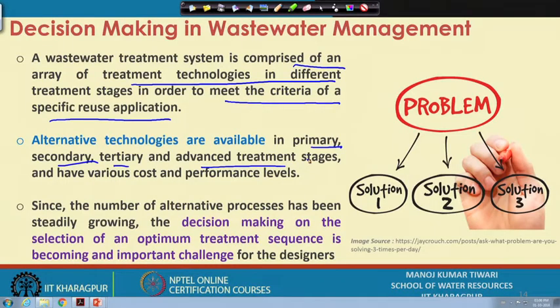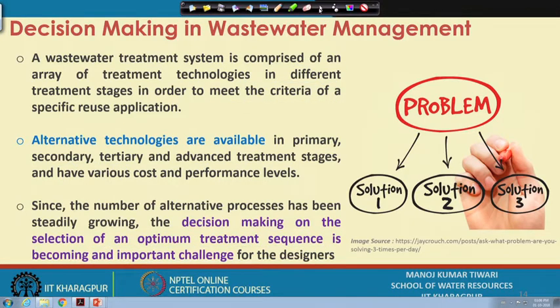So, since these different methods are potentially available, it becomes important to select an optimum treatment sequence. The decision making on the selection of this optimum treatment sequence is becoming more important for people who are designing. For engineers, for the designers, what kind of treatment philosophy do they want to select?